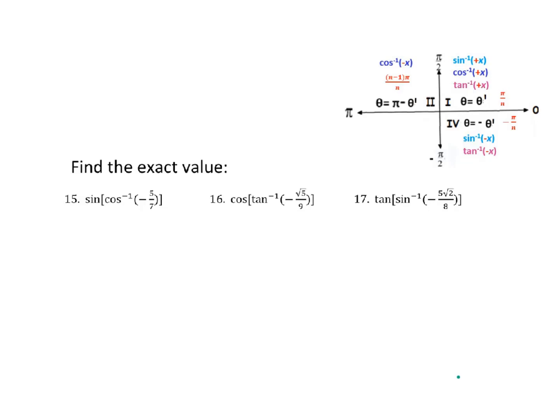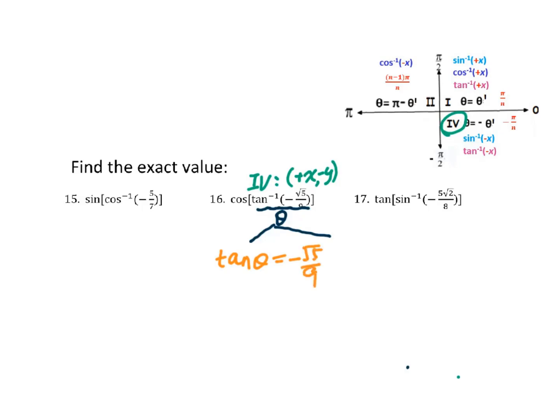For 16, inverse tangent of negative square root of 5 over 9. Let's go to the fourth quadrant. Coordinate will be positive x, negative y. So we assume this is theta. Then we get the two pieces of information. First of all, tangent theta equals negative square root of 5 over 9.